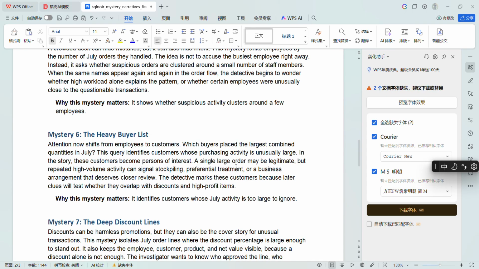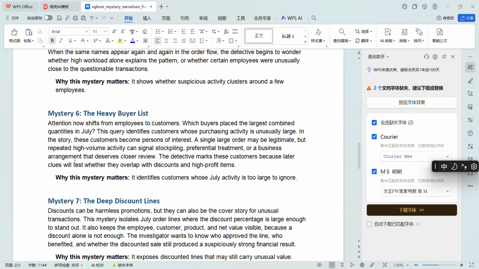A single large order may be legitimate, but repeated high volume activity can signal stock piling or preferential treatment over a business arrangement.